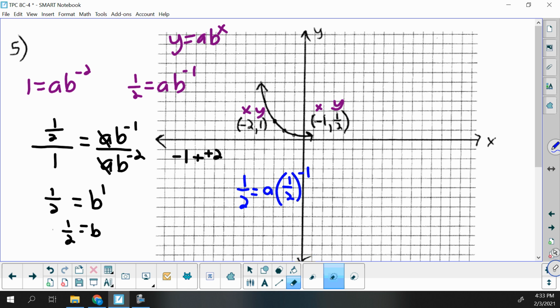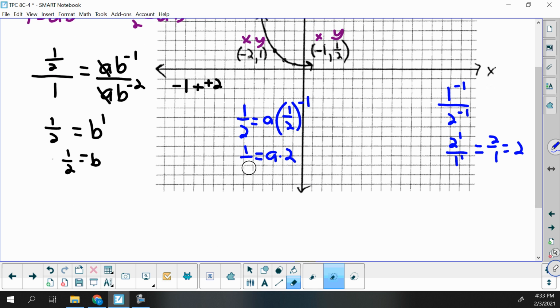Well, let's take that off to the side, the 1/2 to the negative 1. That's really 1 to the negative 1 over 2 to the negative 1. When you have negative exponents, you switch where they are in the fraction. So that's 2 to the first over 1 to the first. Well, that's really 2 over 1, which is just 2. So this is really 1/2 equals a times 2.